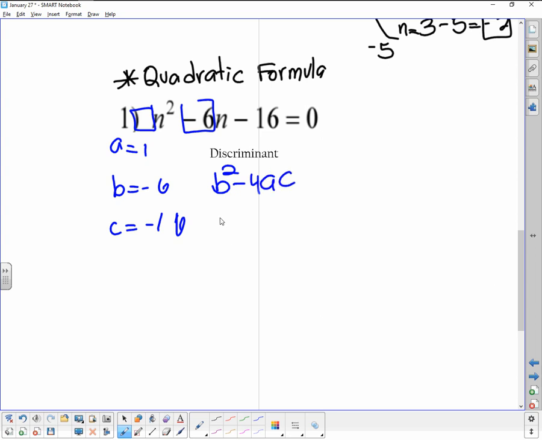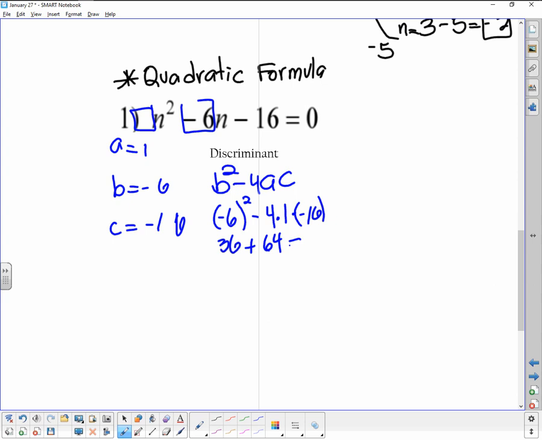B value being -6, quantity squared, parentheses because it's negative, then -4 multiplied by A is 1, multiplied by C is -16, put in parentheses. -6 squared will give you 36. -4 times 1 will give you -4, and -4 times -16 will give you positive 64.